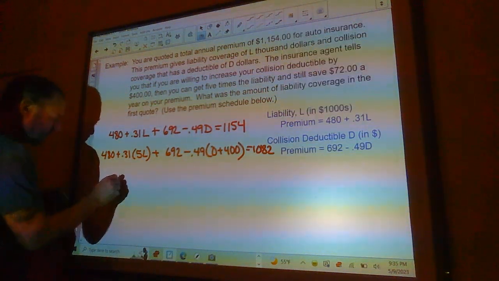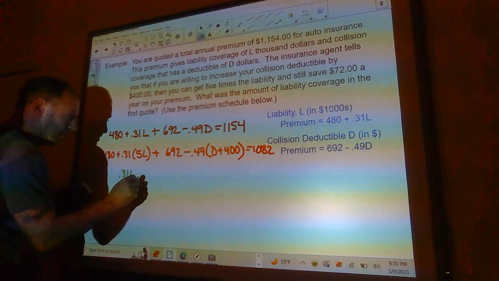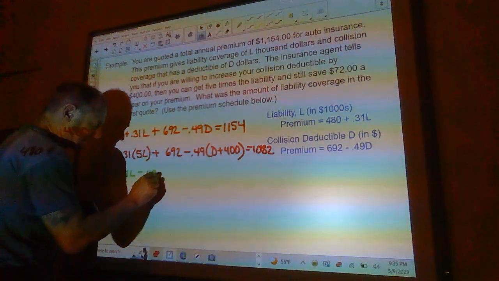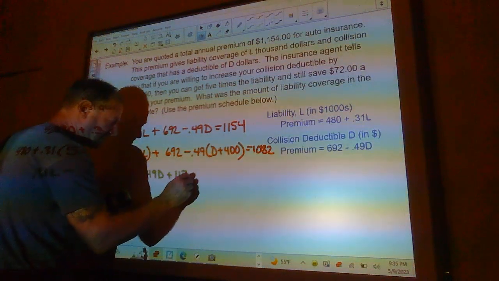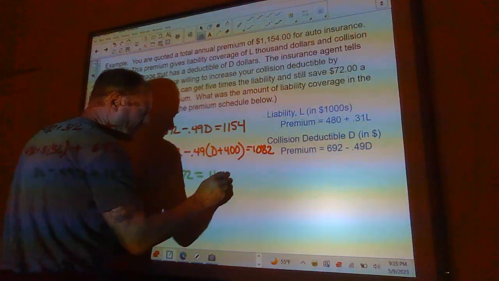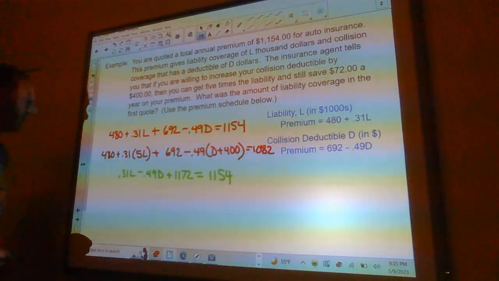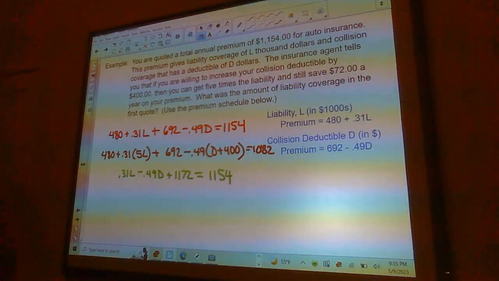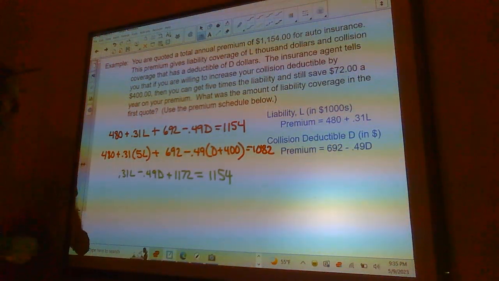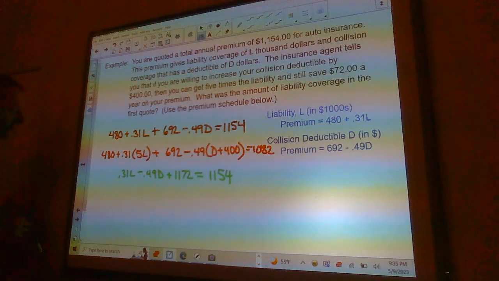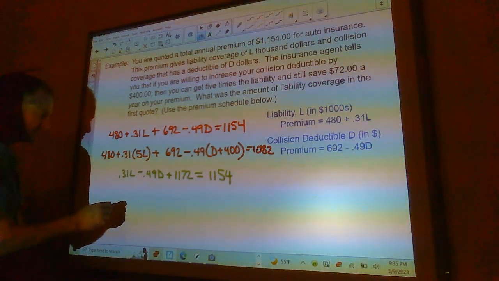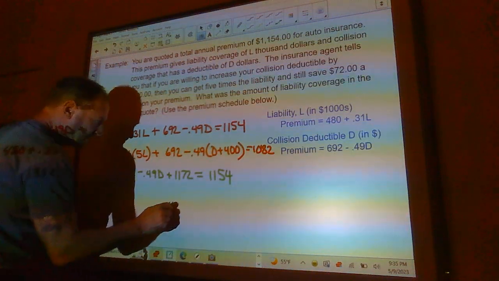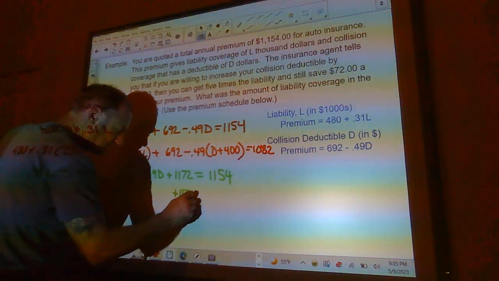This is going to be 0.31L minus 0.49D plus 1172 is going to equal 1154. And then the second equation, I still have 480 plus 692, so that's going to be 1172.